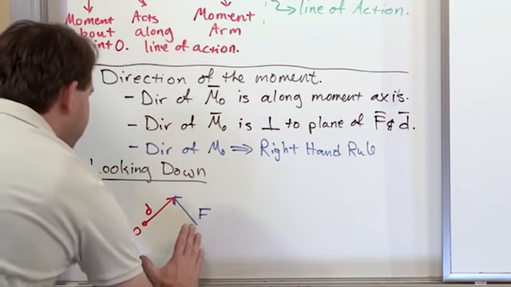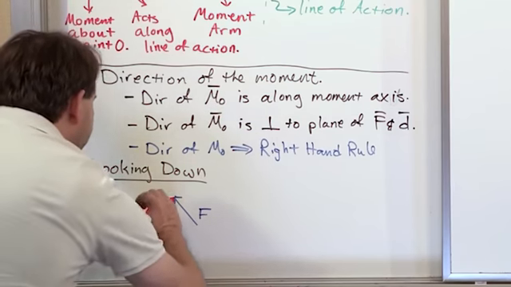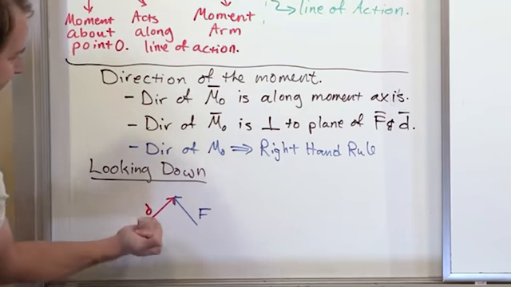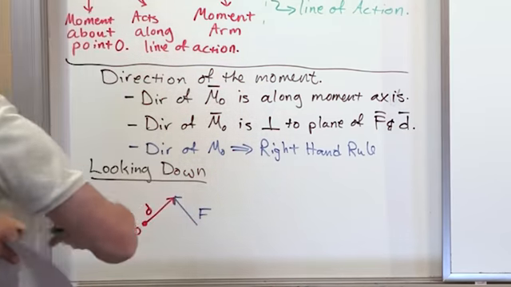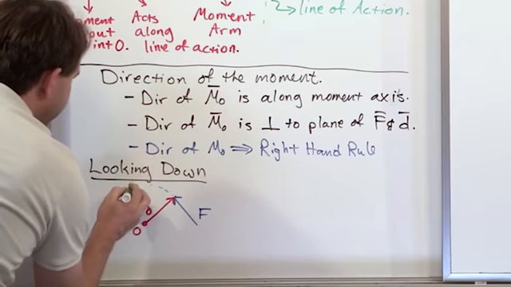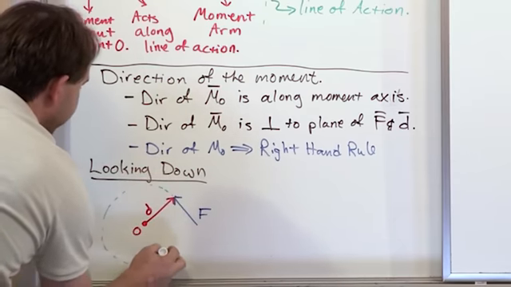Well, I take my hand and I curl it in the direction of the force, so my thumb is coming out of the board, and what that's telling me is that this is going to end up rotating like this.